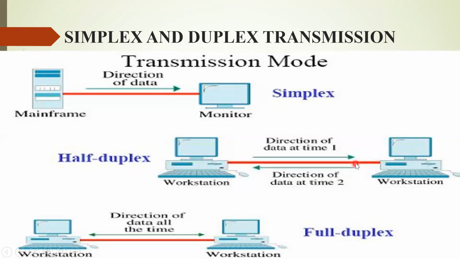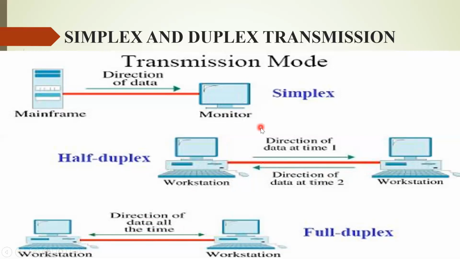In one channel the two tasks take place, but not simultaneously, one by one. This is what half duplex is. In full duplex, the transmission of data in both directions takes place simultaneously. That is, receiving and sending take place simultaneously in both directions. That is called full duplex.